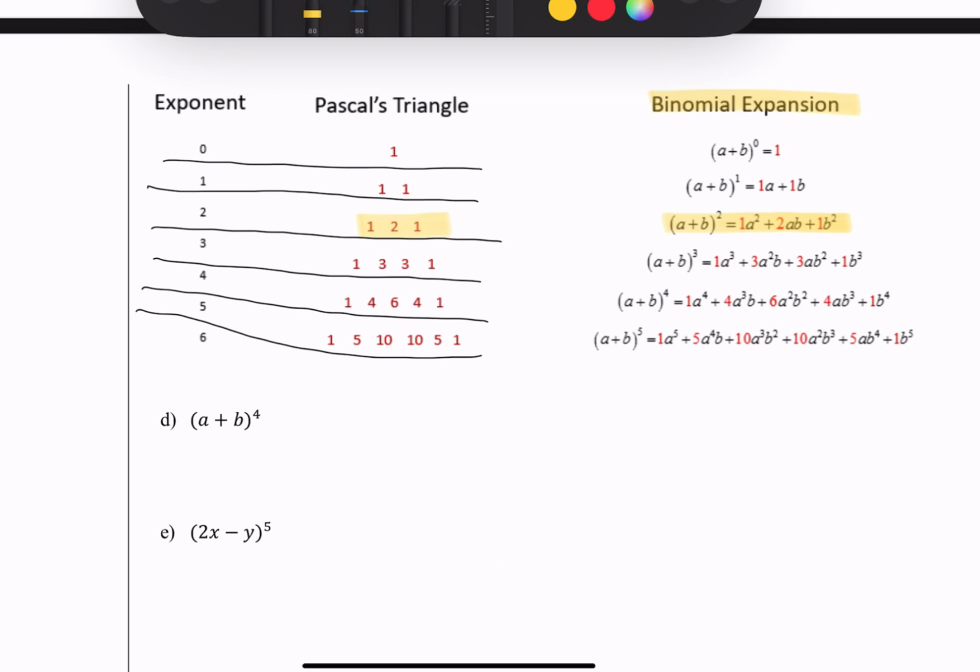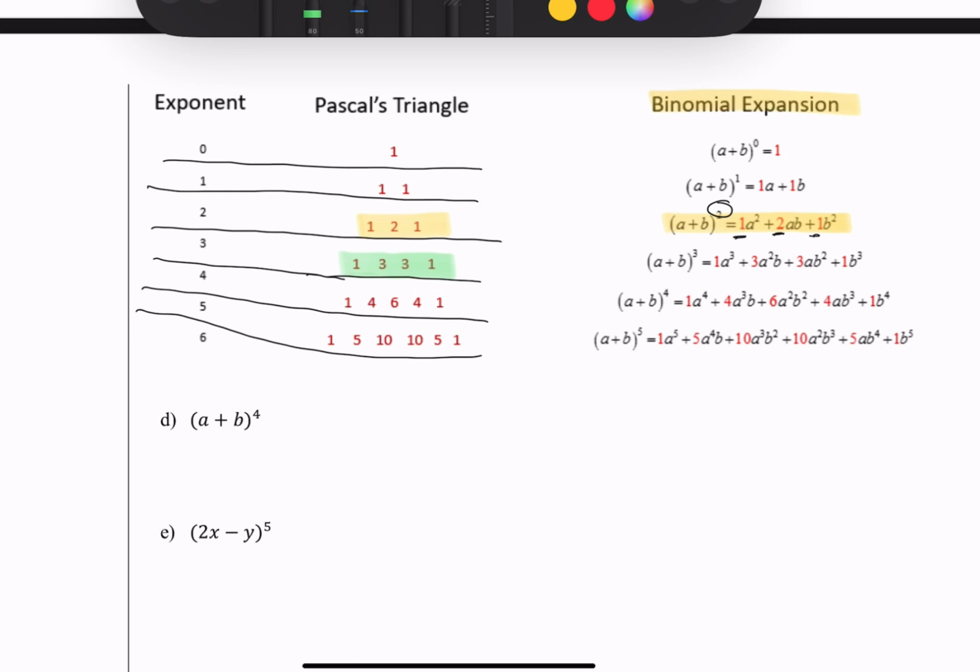If you have a plus b to the 2nd power, you can get the coefficients of the product polynomial just from Pascal's triangle. So let me draw your eyes down to the next row. These are the coefficients of the cube of a binomial.